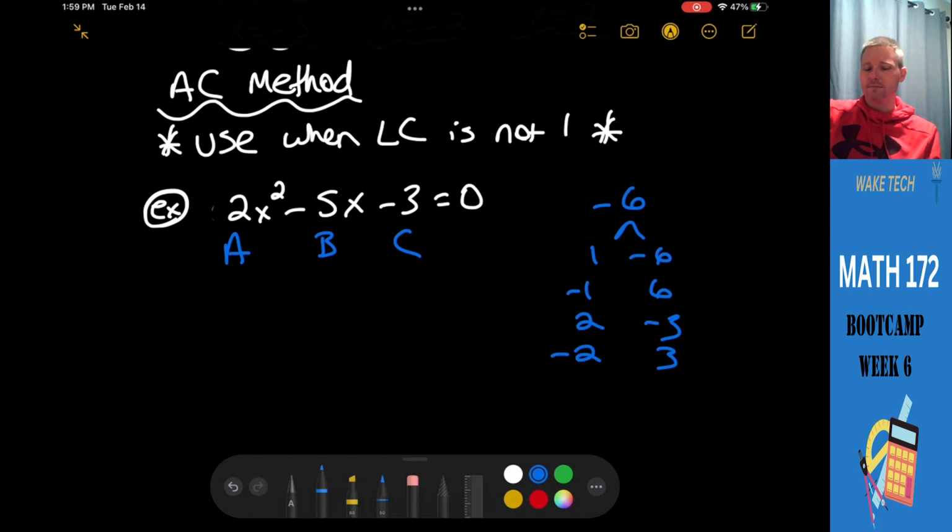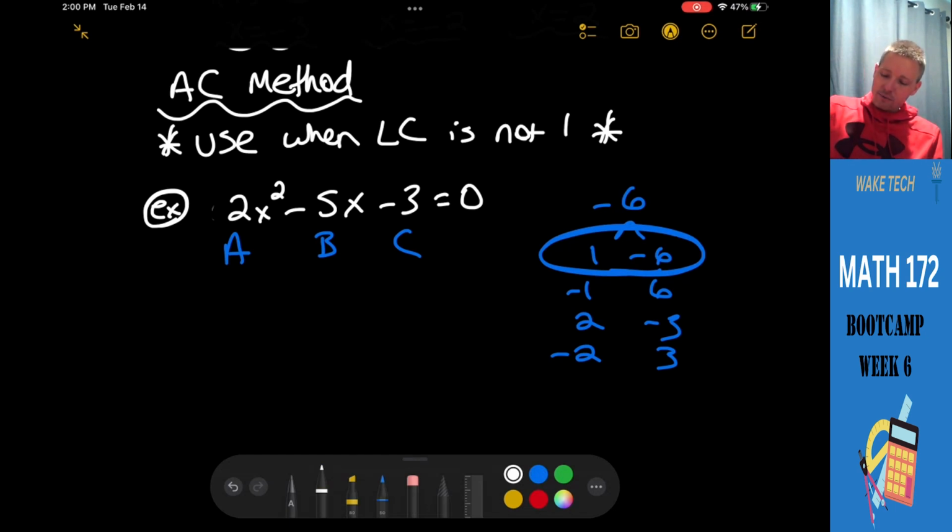Those are our options. The pair of those that adds to -5 is the first one. And so what we do is we separate that B term into 1x minus 6x.